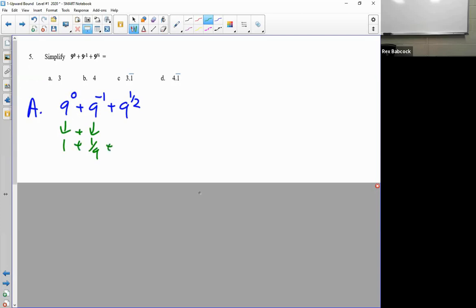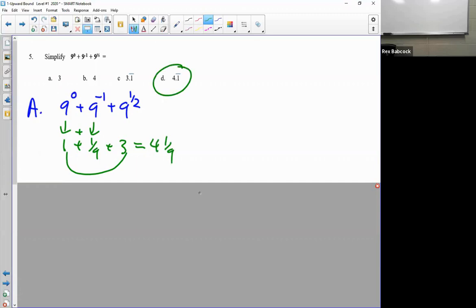The 1/2 power is the square root of 9, which is 3. So if I add all these up, 1 plus 3 is 4 and 1/9.